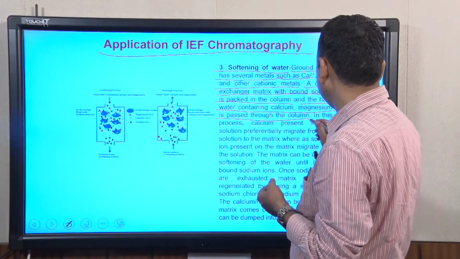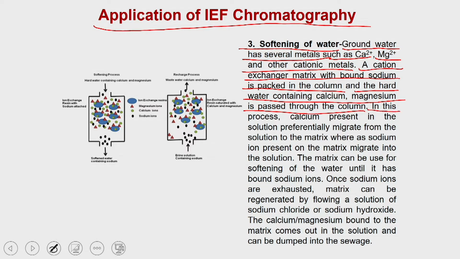So, in this process, the calcium or magnesium or all other heavy metals present in the solution preferentially migrate from the solution to the matrix, whereas the sodium ion present on the matrix migrates to the solution.